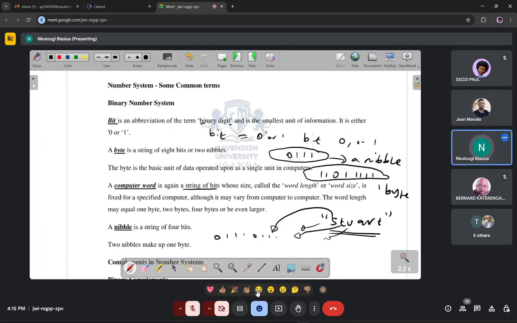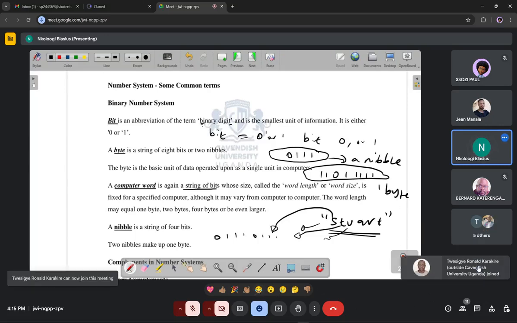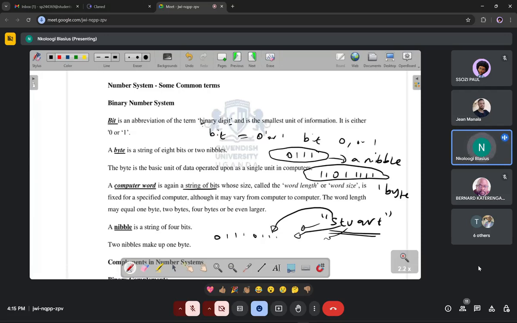But I first decided to talk about some common terms that we might be using later. When I said a bit, I was trying to explain what a bit actually means and where it comes from. The bit itself comes from the words binary digit.